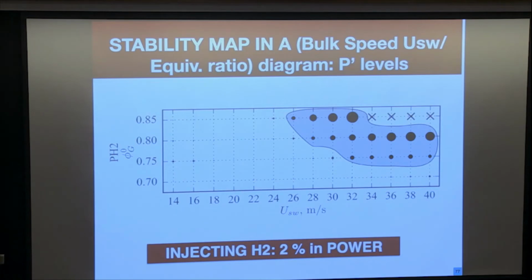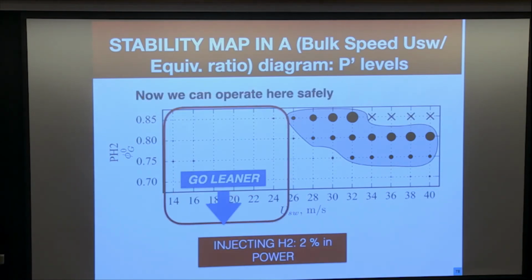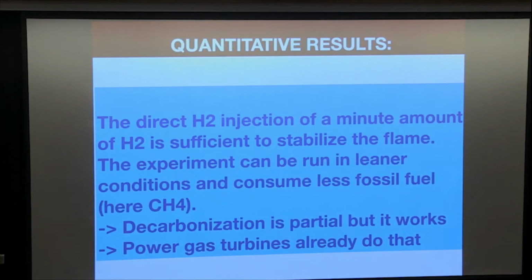You may even be able to operate it for leaner conditions, which means that you add a little bit of hydrogen, then you can also remove a little bit of CH4 in addition. So that opens, for us, quite a new field. As soon as you can use two fuels for the same chamber, you can do quite a few new things. And you have a lot of requests from companies to do that today.